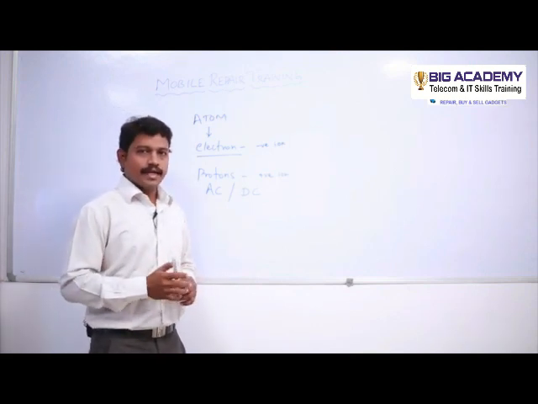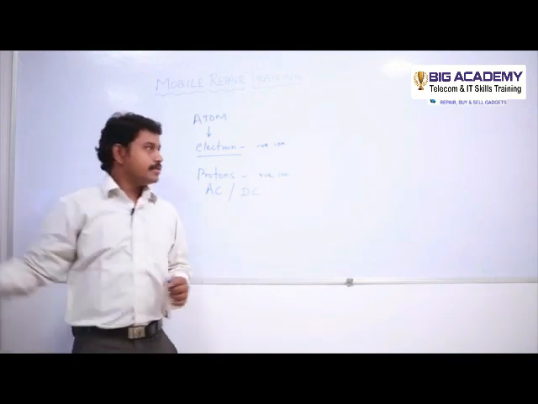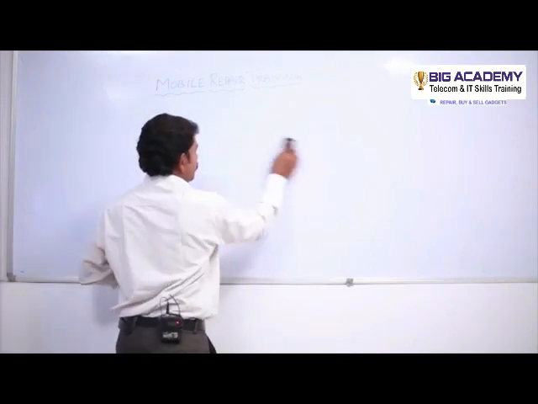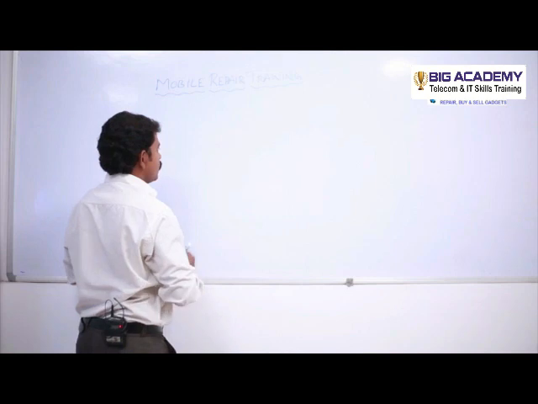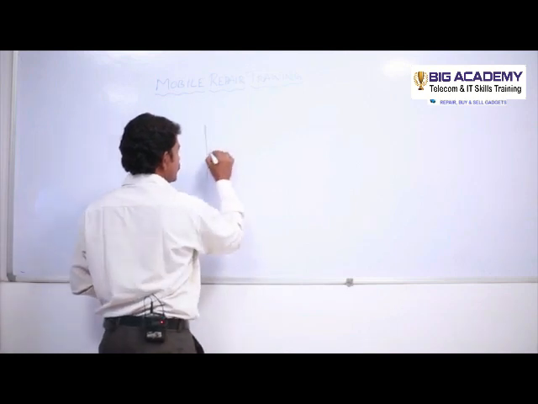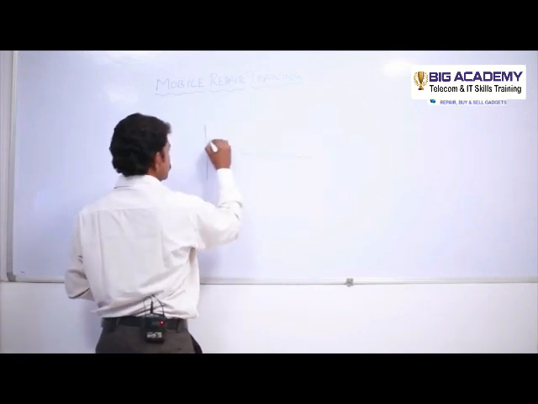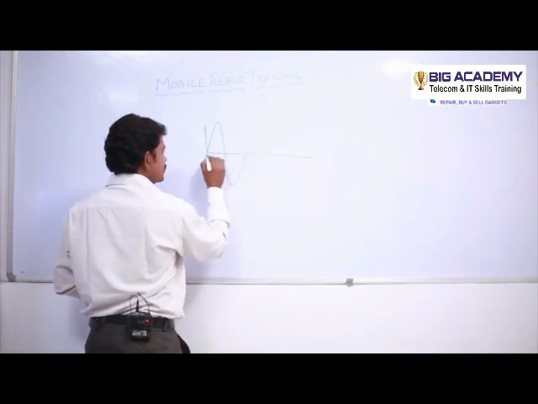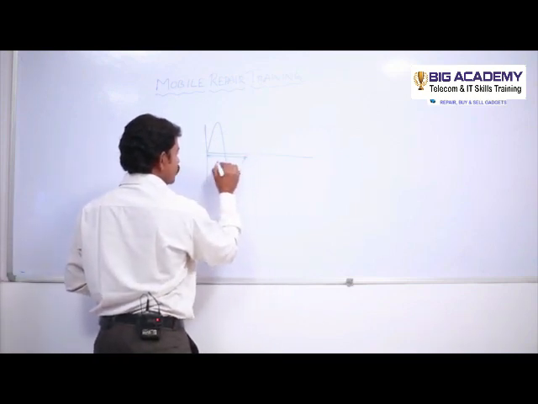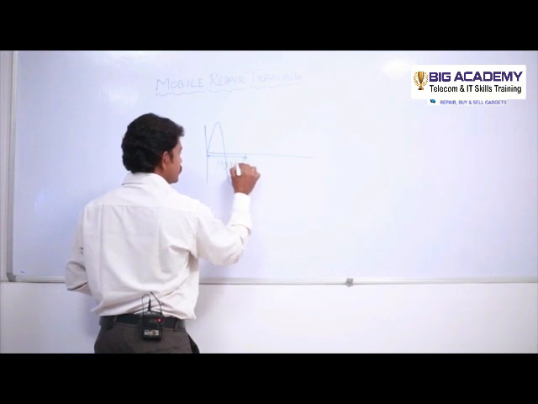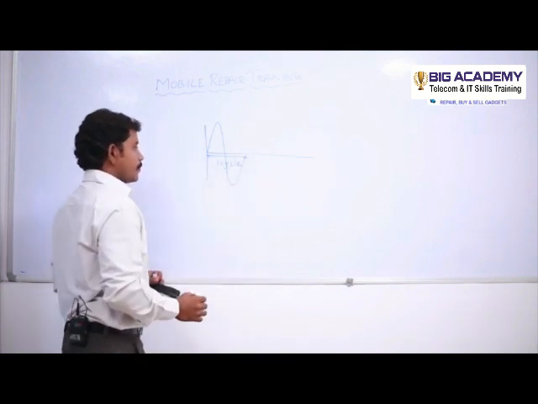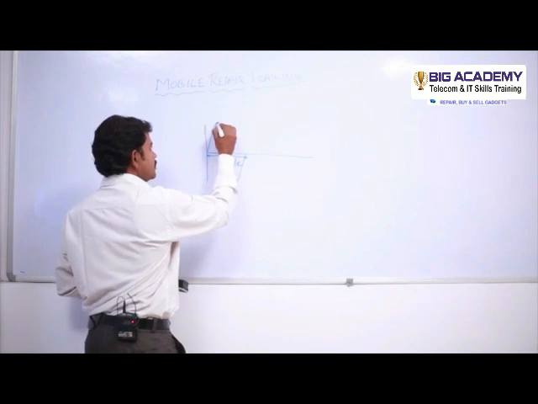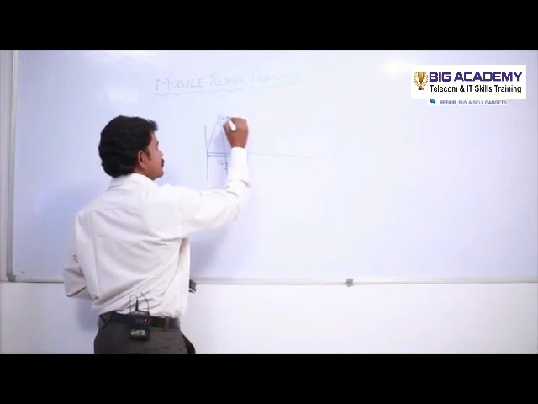Alternating current is nothing but a current which flows alternatively. So this is one complete cycle. And this is the peak voltage.